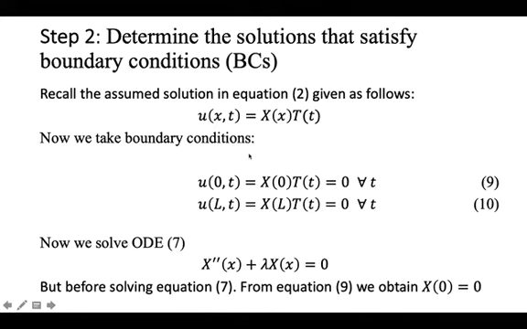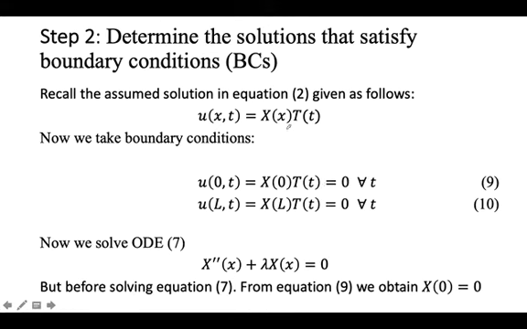So what do we get? You can remember that the given boundary conditions were u(0,t), when the value of x is equal to 0, that is equal to 0. I told you that we had placed ice on one edge and ice also on the other edge. So when the value of x is 0, the temperature is 0.